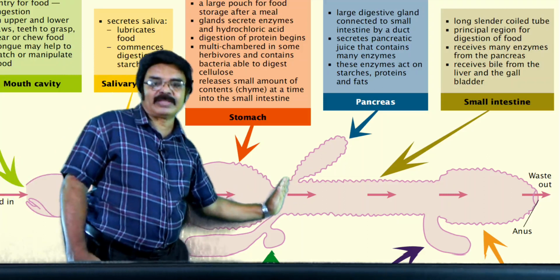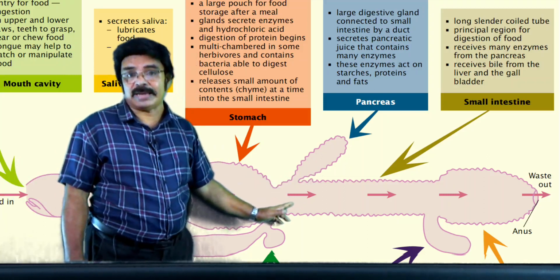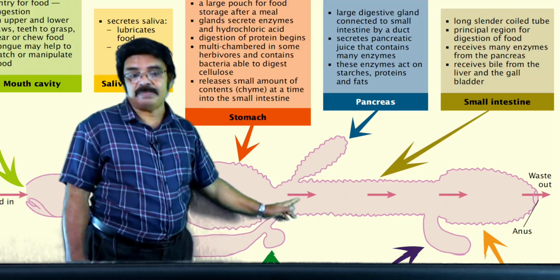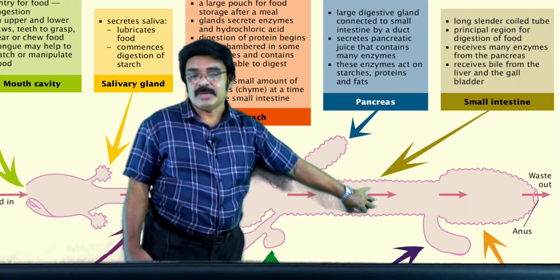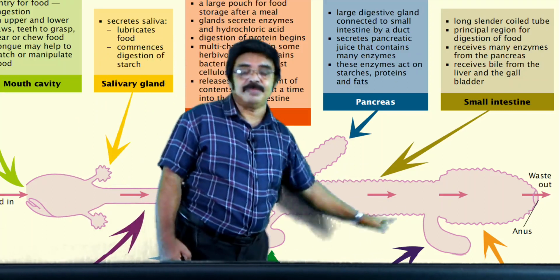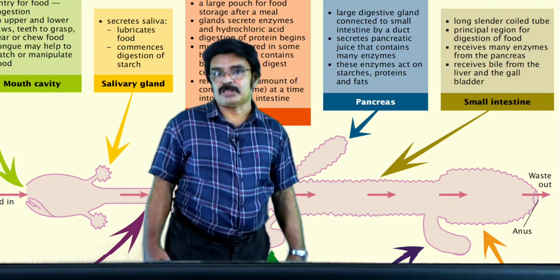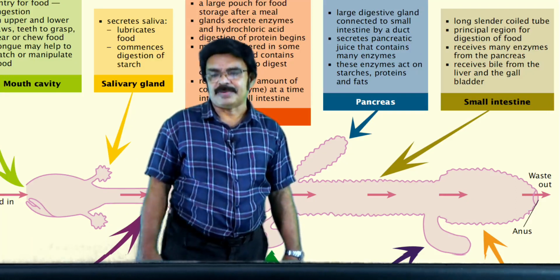But here after that, the bile is an alkaline solution. So bile makes this part alkaline, and the enzymes here act in an alkaline medium, that is high pH, higher than 7.